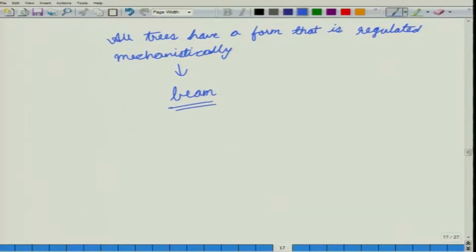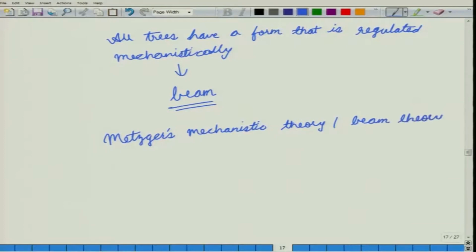Which is why we call it Metzger's mechanistic beam theory, or the beam theory of tree form. And he also stated that the equation of the tree is d cube is equal to k times L, which is the equation of a cubic paraboloid.